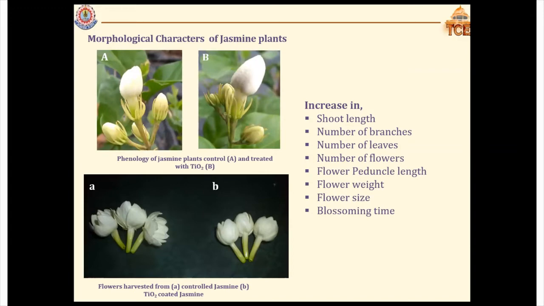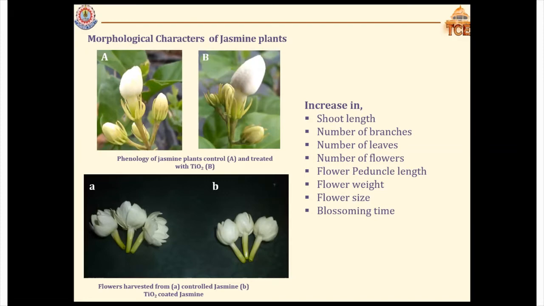So, coming to morphological characterization of the jasmine plants, first of all, morphological characters. In the figure, the capital A and small a show the plants growing without titanium dioxide, which means the control jasmine plants, and the capital B and small b show the plants and the flowers treated with colloidal titanium dioxide.